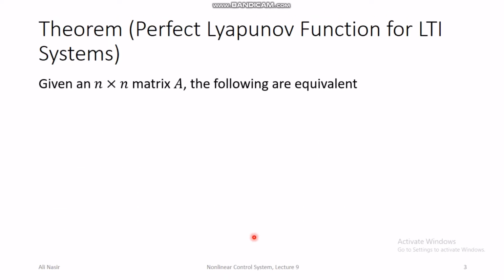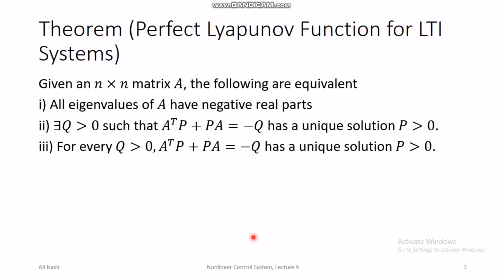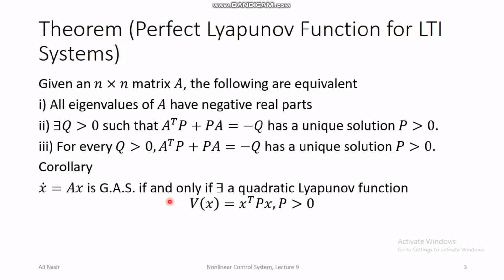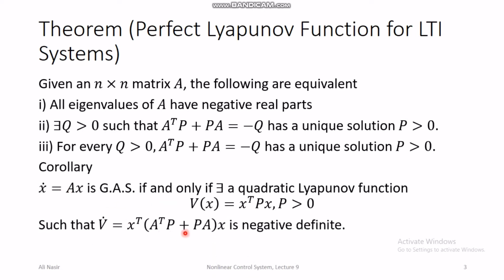Then we looked at this theorem, which basically assures that the A matrix would be a Hurwitz matrix if you are able to solve the Lyapunov equation with any Q, and that leads to the global asymptotic stability characterization of linear approximation of a nonlinear system.